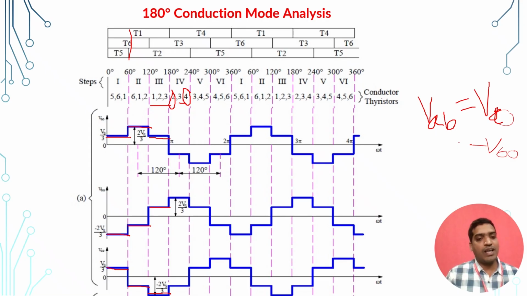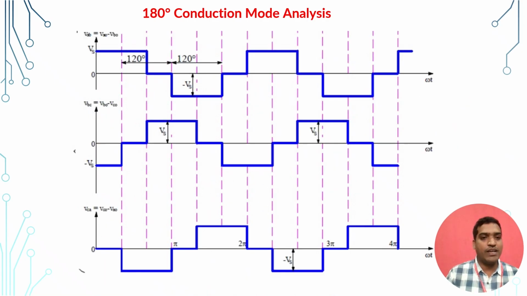So VAB is Vs by 3 minus of minus 2 Vs by 3, and that will give your VAB. If you do the math like that, you can get the voltage between 0 to 60 degrees as Vs. Similarly, from 60 to 120 degrees also you can get Vs.